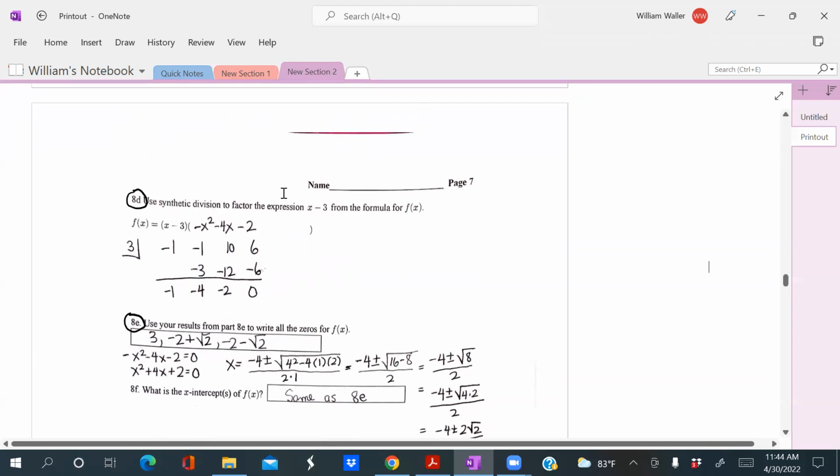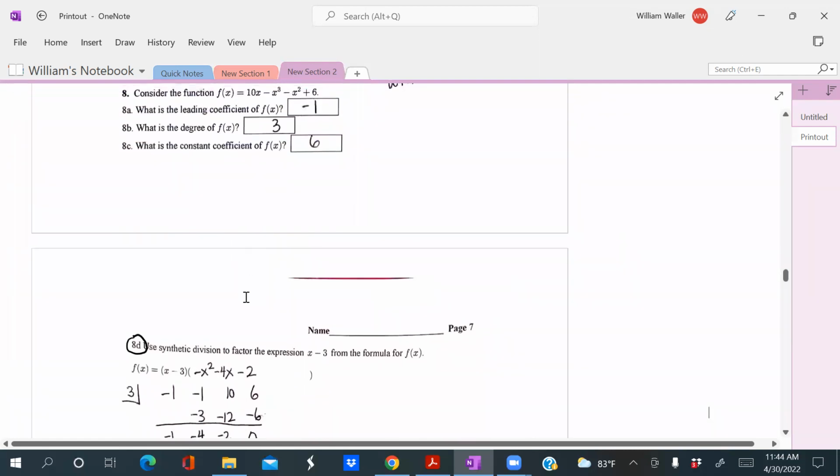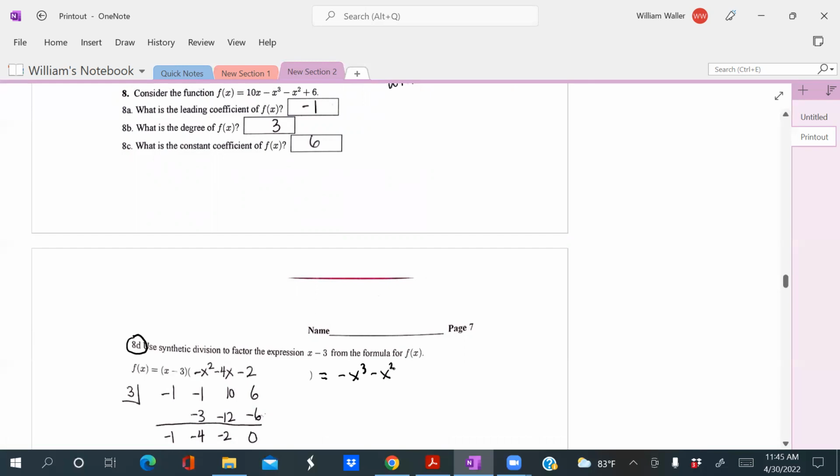So this expression, x minus 3 times -x squared minus 4x minus 2, that's the same as the original polynomial, which, if I write it in descending powers of x, would be -x cubed minus x squared plus 10x plus 6. So if you multiply these two parentheses together, after you added like terms, you would end up with -x cubed minus x squared plus 10x plus 6, right?